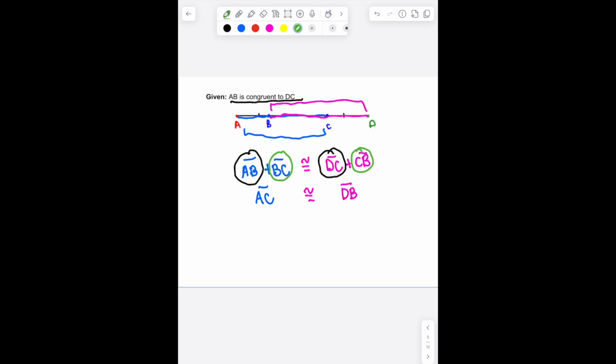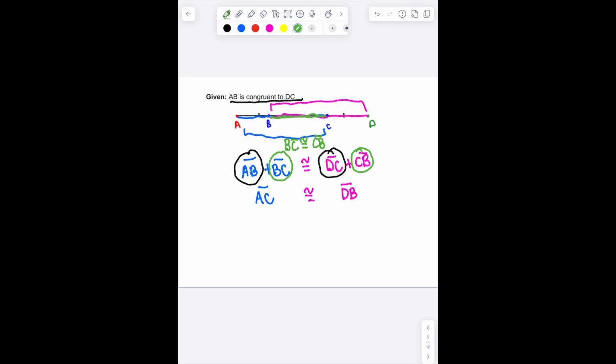But if you take a look, BC and CB are the same exact segment. So we're adding the same segment. So BC is congruent to CB because it's the same segment.